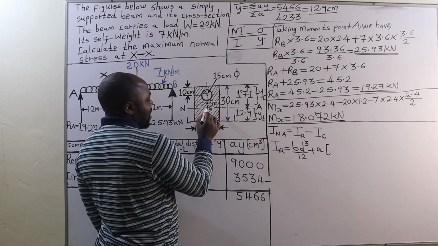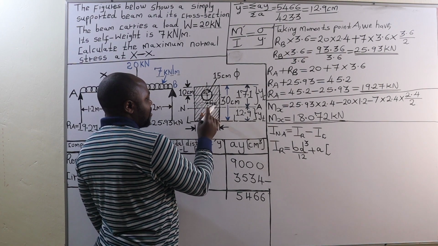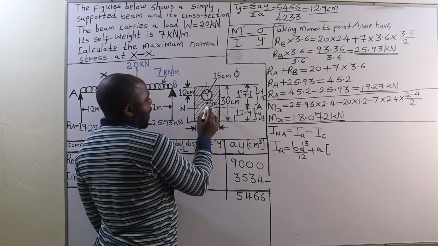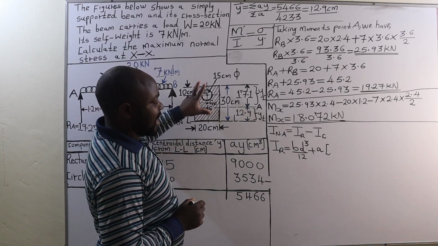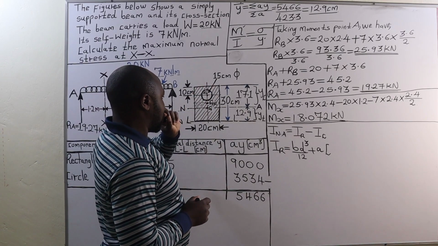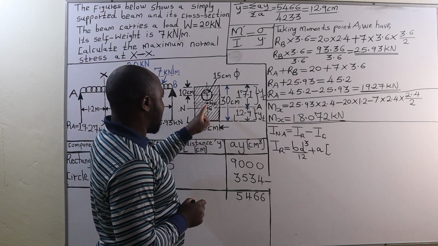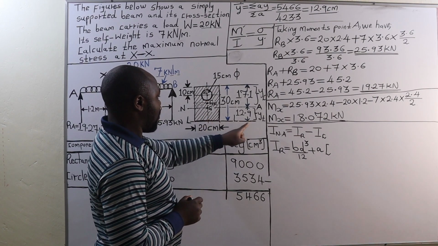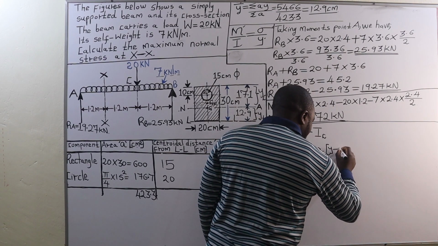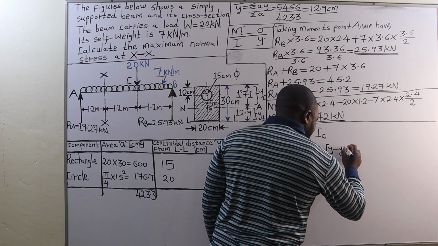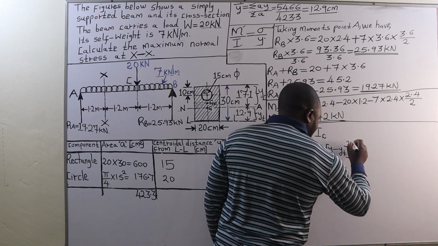That is the distance from the center of gravity of the whole section to the center of gravity of this rectangular section, which in this case is going to be y minus yt. Therefore, we are going to have y minus yt, and then we got that squared.